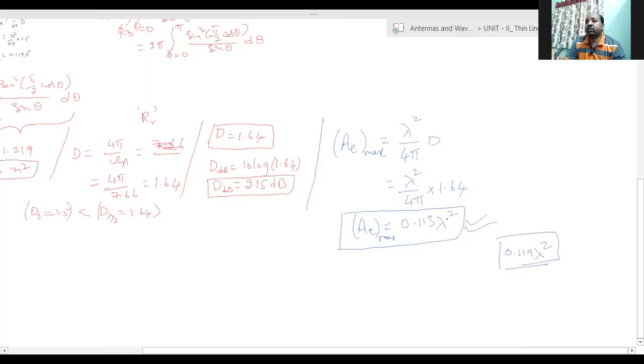So this is how we can determine directivity, beam area, effective aperture, all those values, and the procedure is the same for all antennas. With this we have completed the half wave dipole. With respect to the half wave dipole, we have discussed everything.